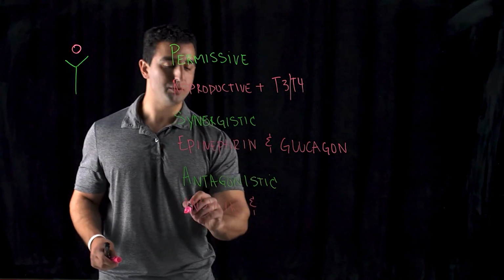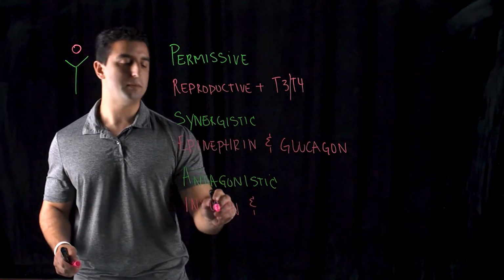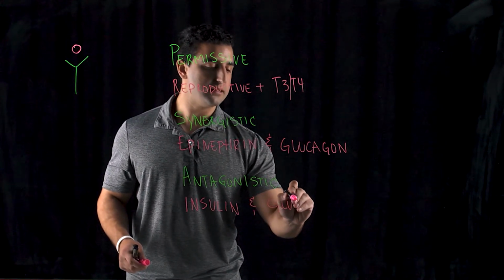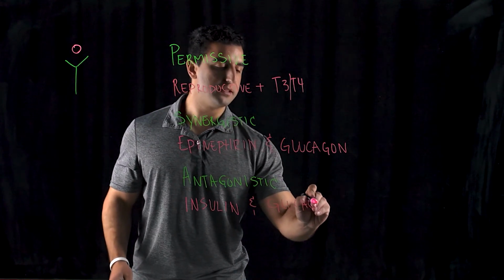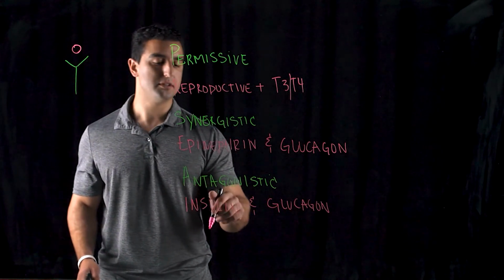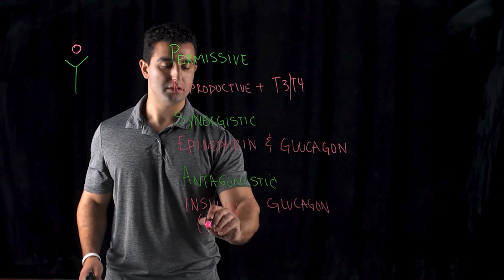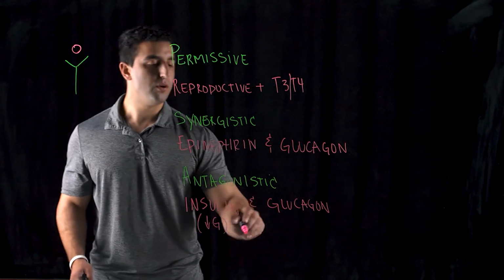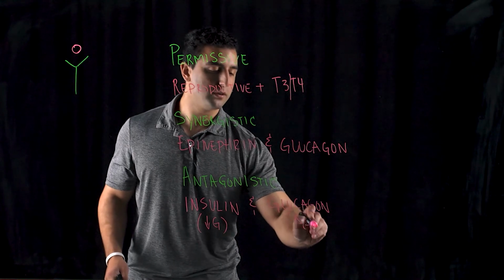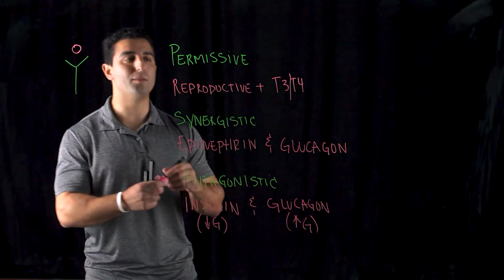Insulin, which cells was it secreted from in the pancreas? Do you remember? Beta cells. It is antagonistic with glucagon, because insulin's main function is to decrease blood sugar levels, whereas glucagon's responsibility is to increase blood sugar levels, right? So these are antagonistic hormones, right?